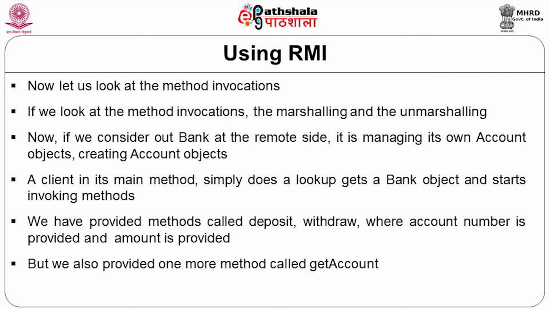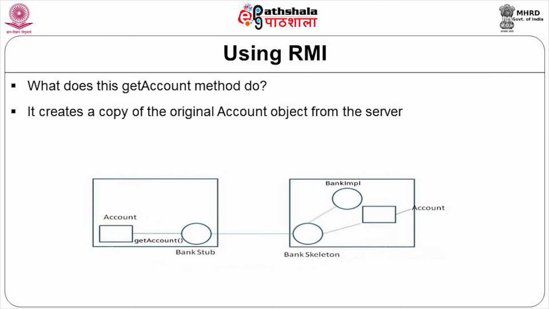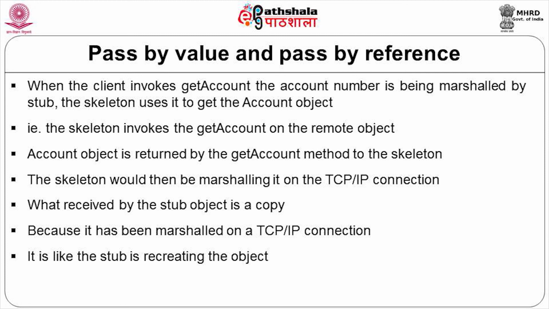Now what would happen here? What does this getAccount method do? If I use the getAccount method, giving an account number, here it's being marshaled, the account number is passed from the stub to the skeleton, which uses it to get the account object. Getting the account object, and then what? Marshalling it back.